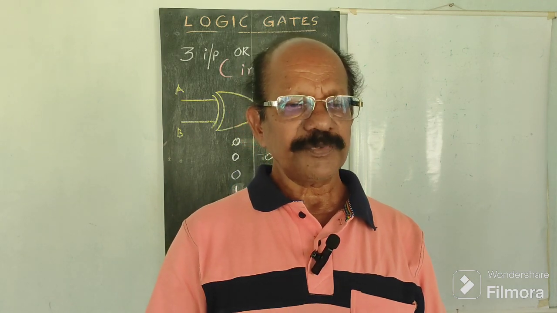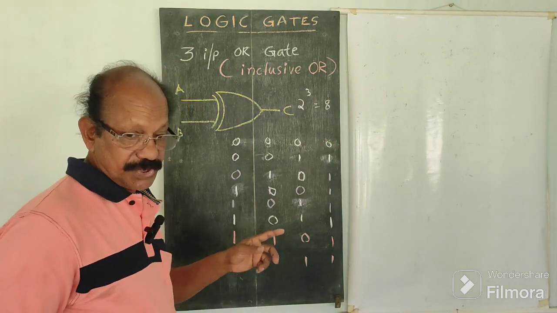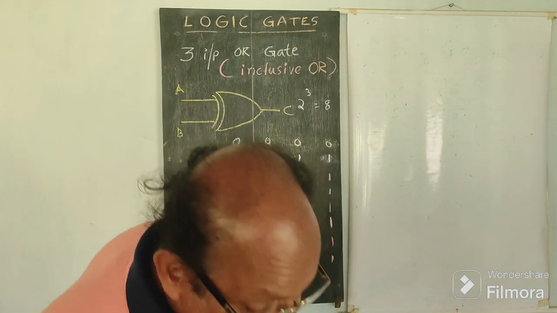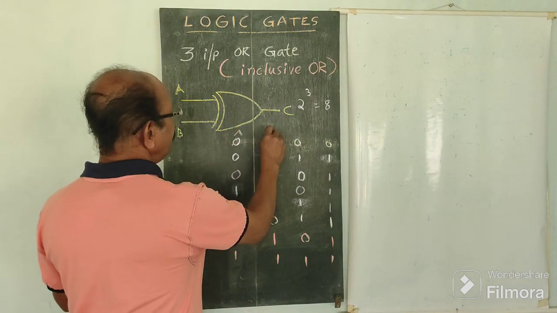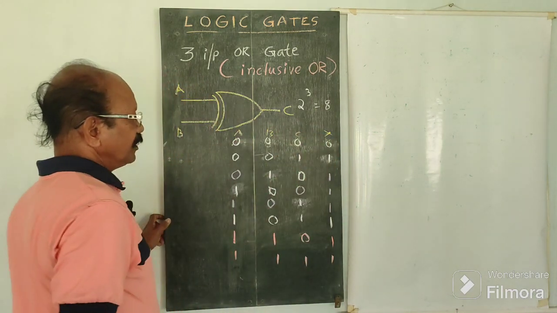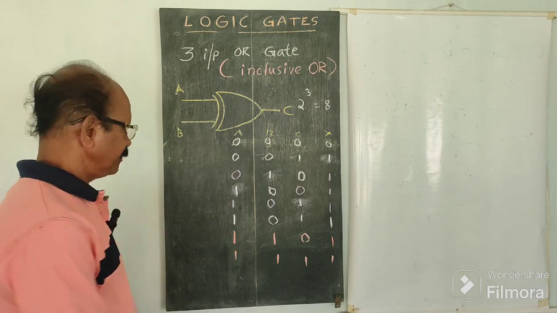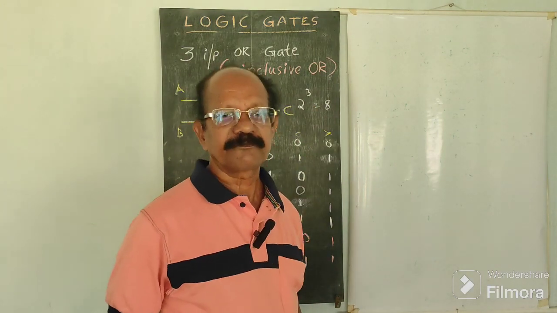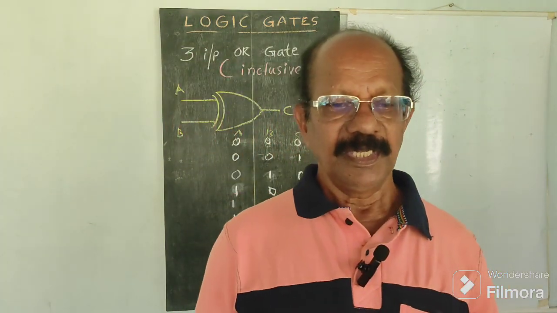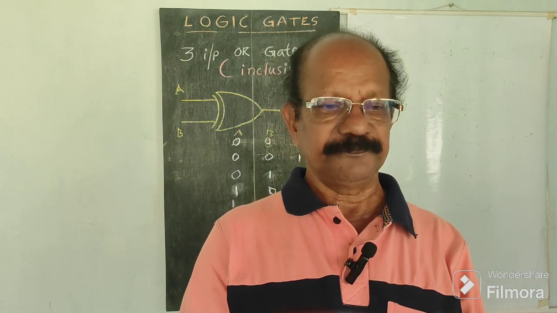The number of rows in the table is 2 raised to 3. That is A, B, C, X. 2 raised to 3: 1, 2, 3, 4, 5, 6, 7, 8. That is, 2 raised to 3 is equal to 8. This is a very important point. There are 8 ways of combining the 3 inputs.